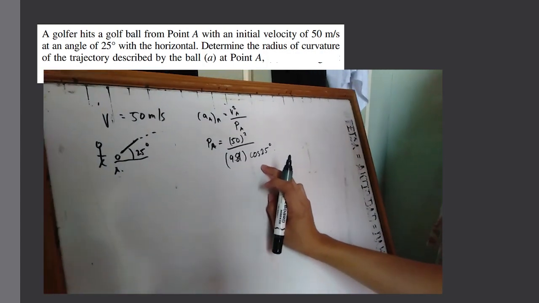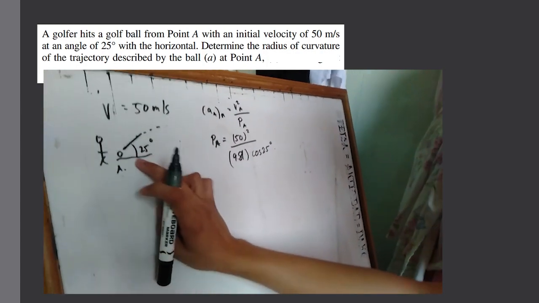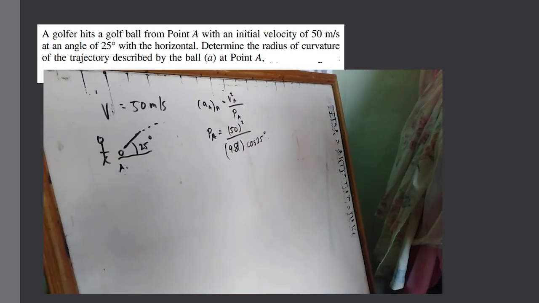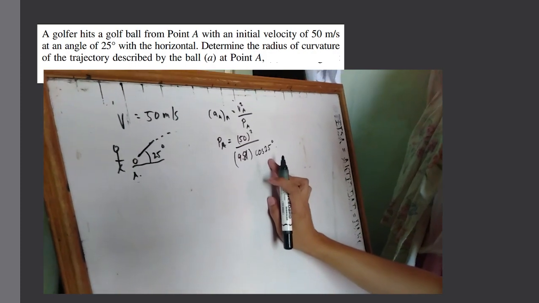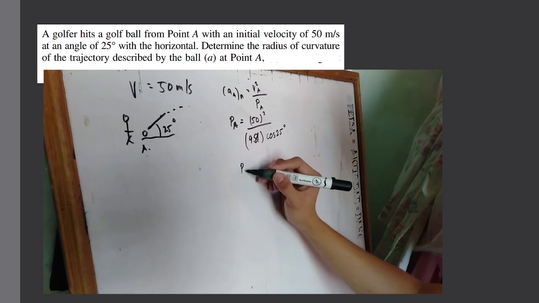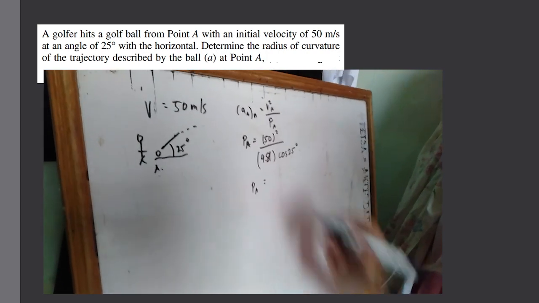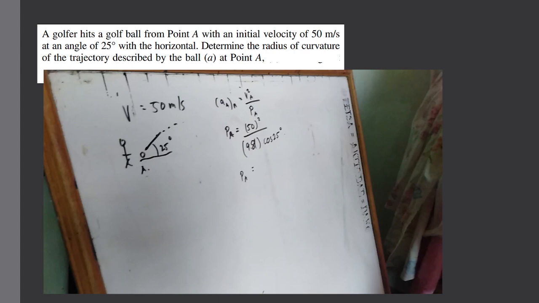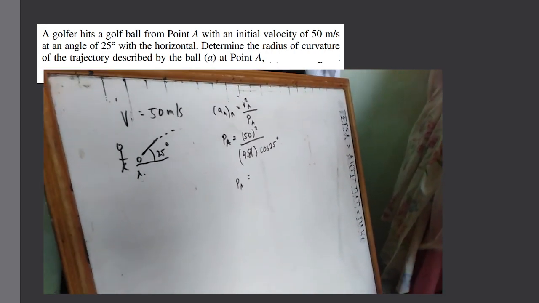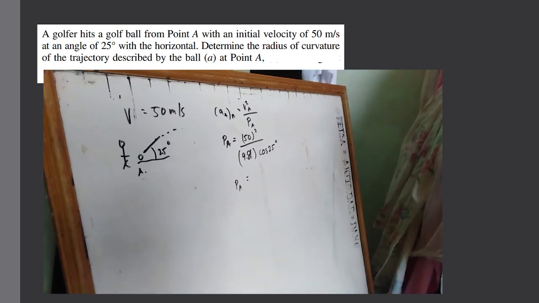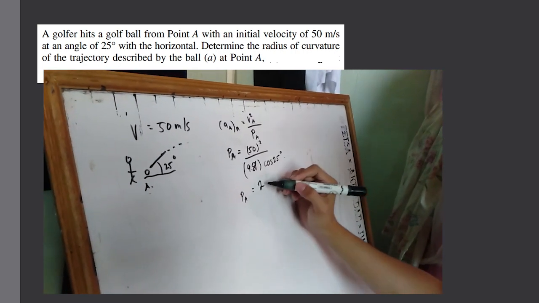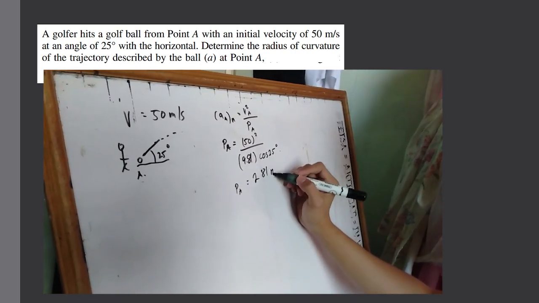It is cosine because the angle lies on the horizontal axis. With that, we have rho A equal to 50 meters per second squared over 9.81 meters per second squared times cosine 25. The answer is 281 meters.